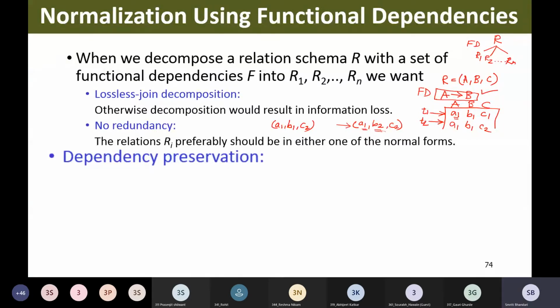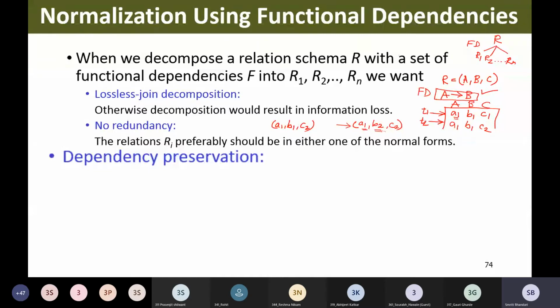Right? So every time, whenever we are having any update in a relation, the functional dependencies are being checked for violation. Now, if these functional dependencies are being checked every time, obviously what we would like to have is efficient checking of violation.